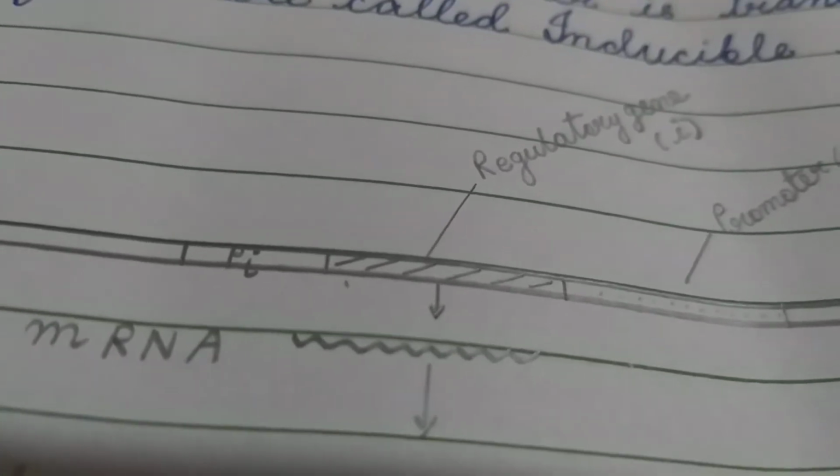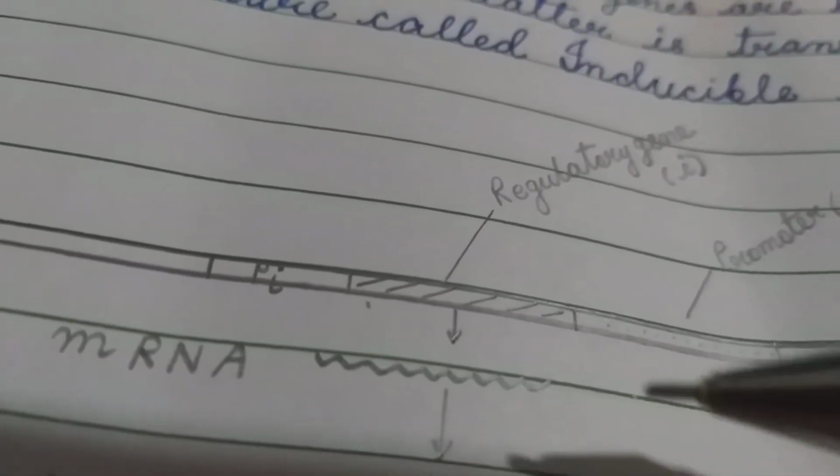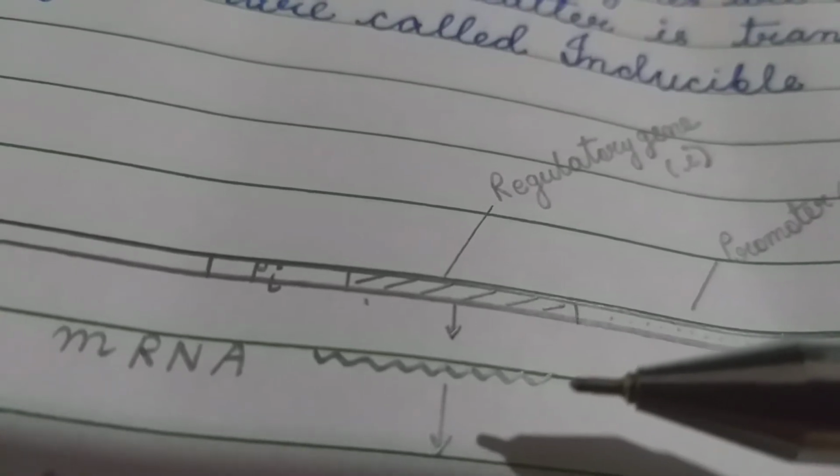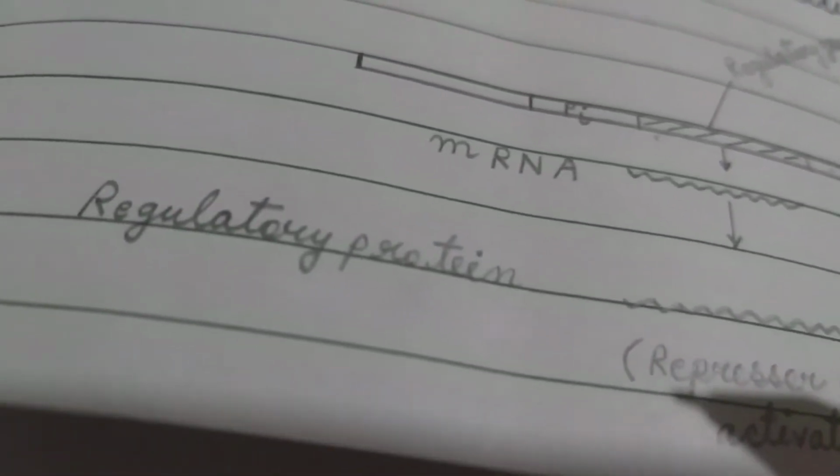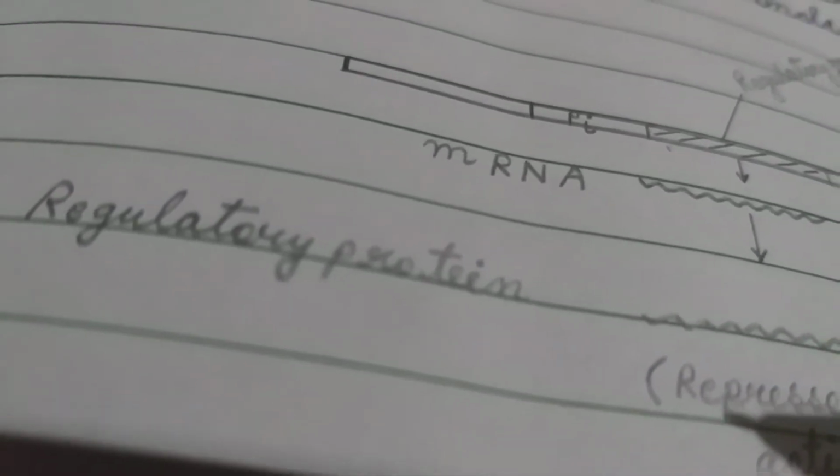Regulatory gene i is transcribed into messenger RNA, and this messenger RNA is translated into regulatory protein, either repressor or activator.